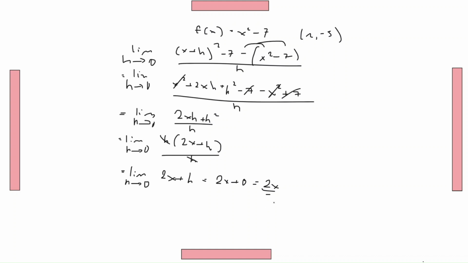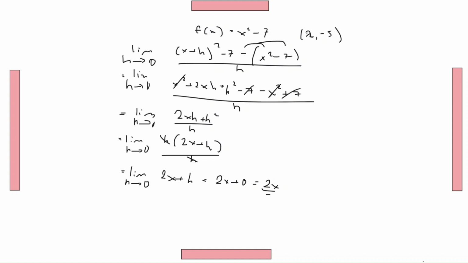That is the answer. Now how do we use this point 2, -3 to find the slope at that point? Well, for now we're just going to find the slope. Eventually we might want to find the entire equation of the tangent line, which might be useful later, but right now let's just worry about finding the slope with this point.